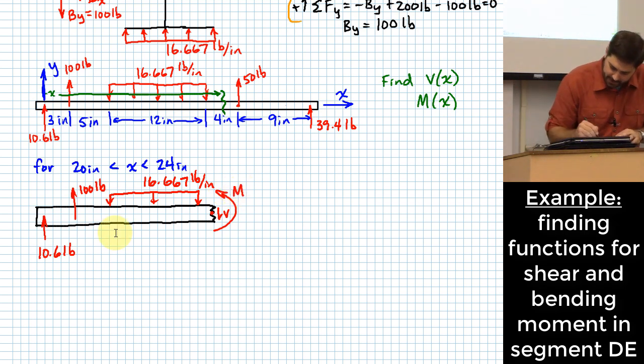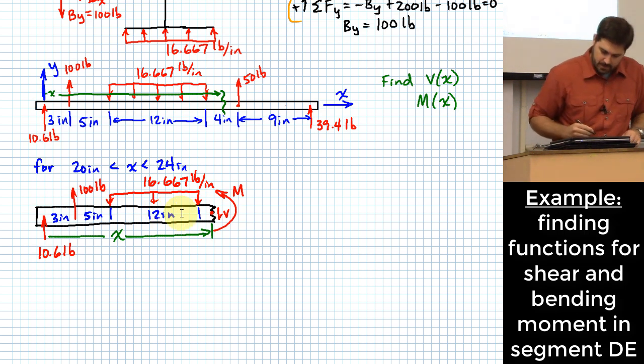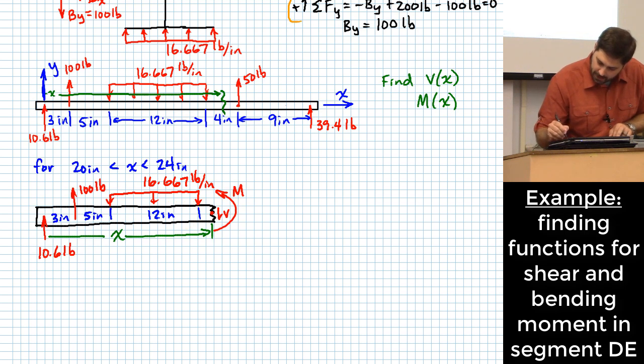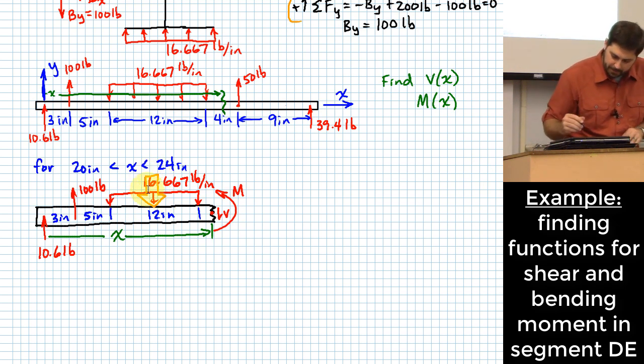We've got our length of x. We've got a length of 3 inches here, 5 inches here, 12 inches here. We can lump all of that distributed load right at the middle of that little piece.